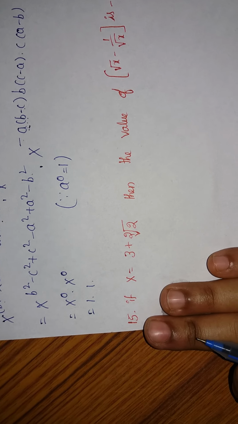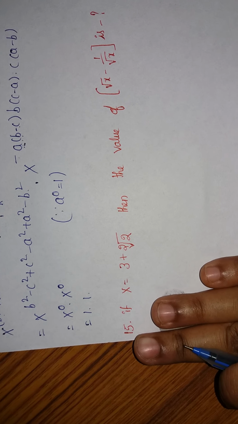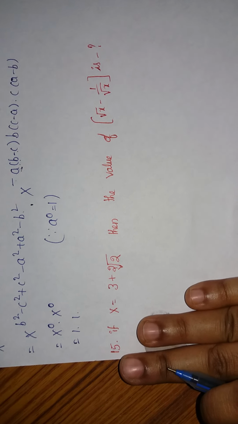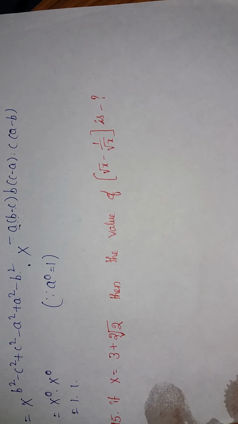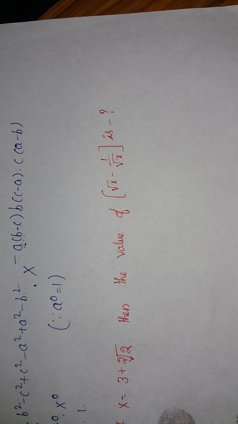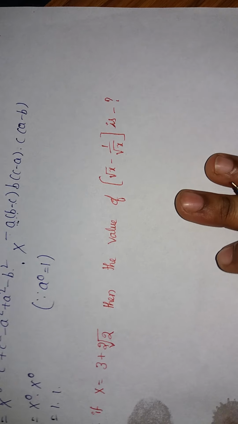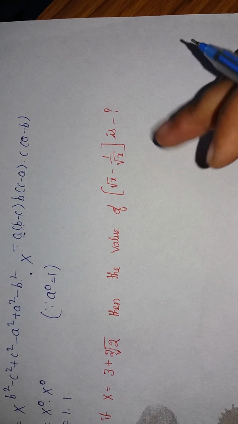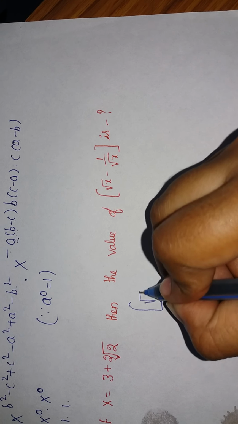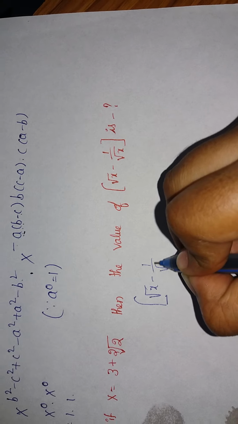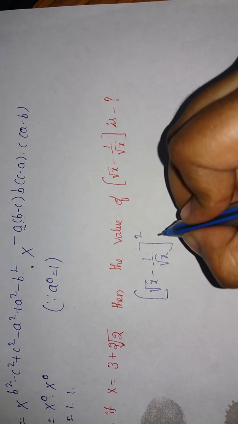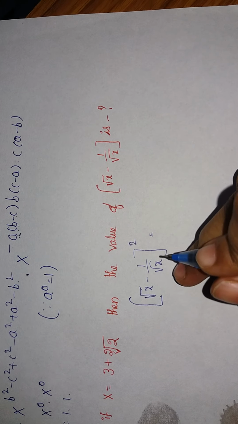So here if x is equal to 3 plus 2 root 2, then the value of root x minus 1 by root x is? So before that we have to take the square of the given expression. We have to find the answer for this expression.